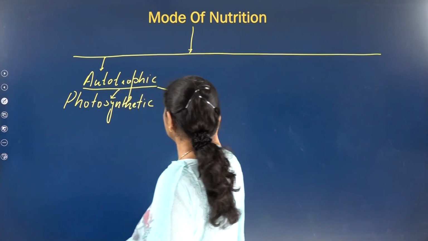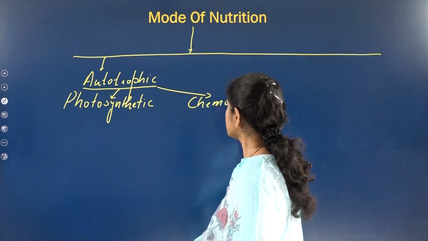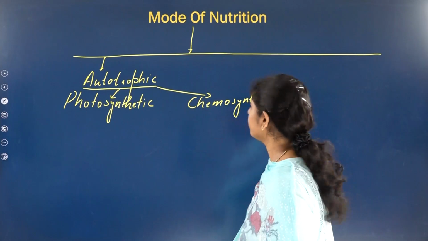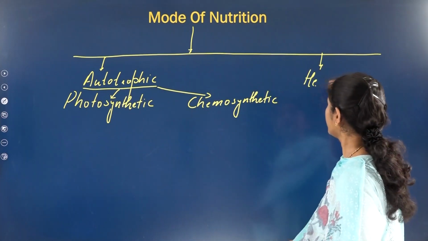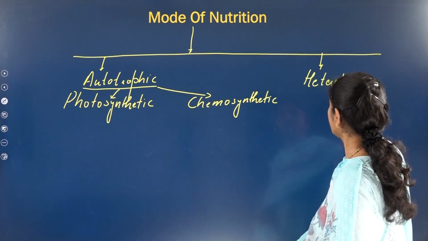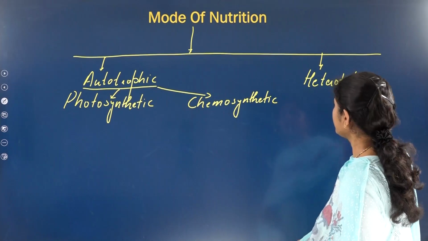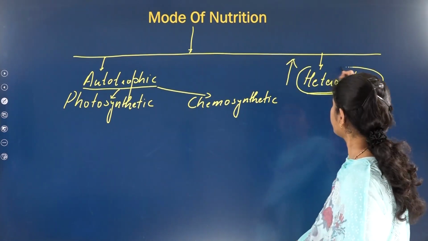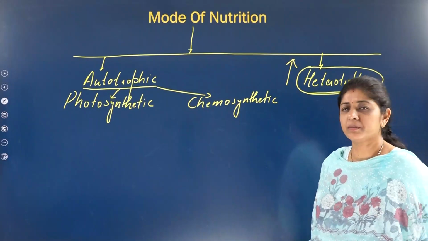Even they will show the chemosynthetic autotrophic mode of nutrition. But even they can be of heterotrophic mode of nutrition. But most abundant in nature are those having the heterotrophic mode of nutrition.